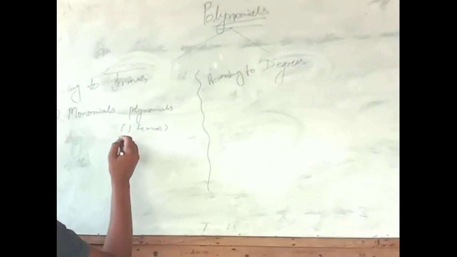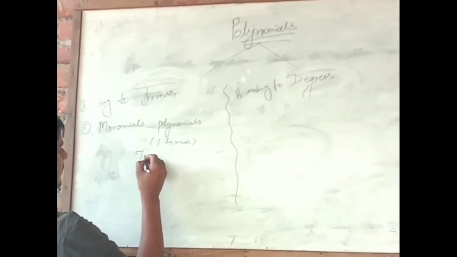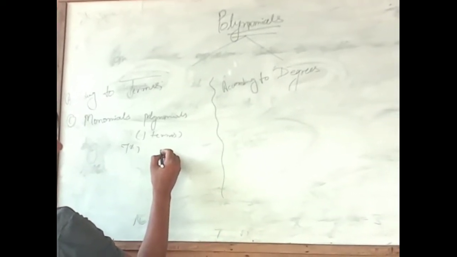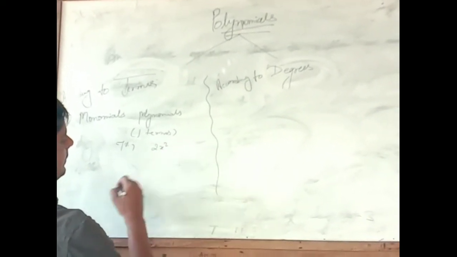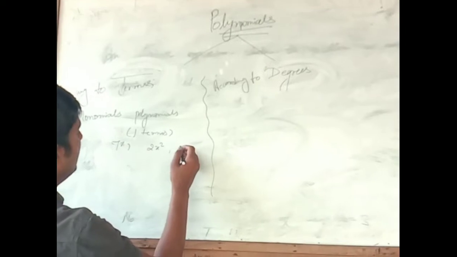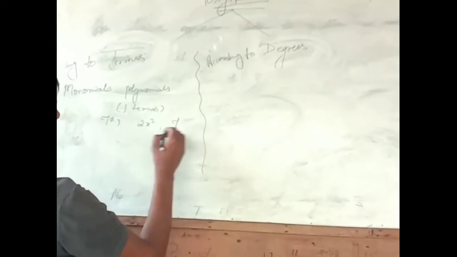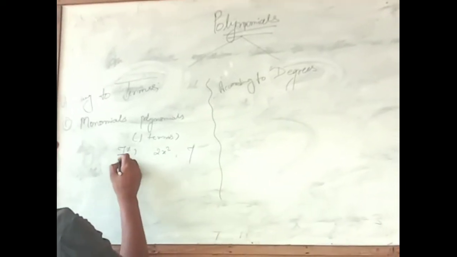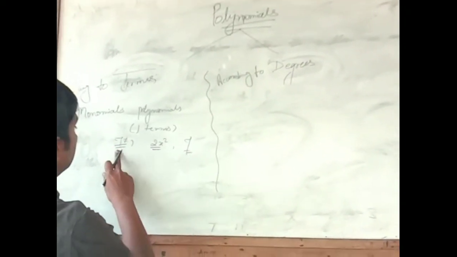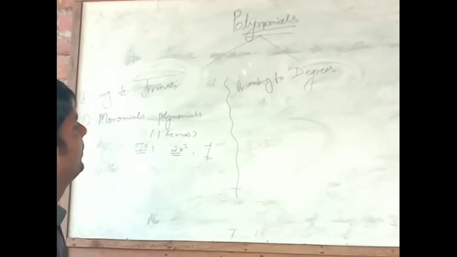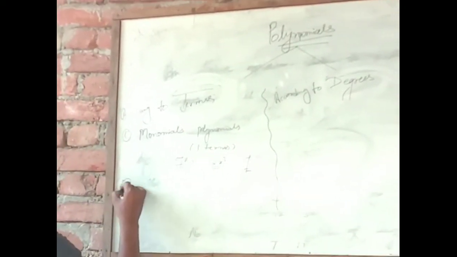For example, 7x or 2x² or 7. Any one is an example of a monomial.